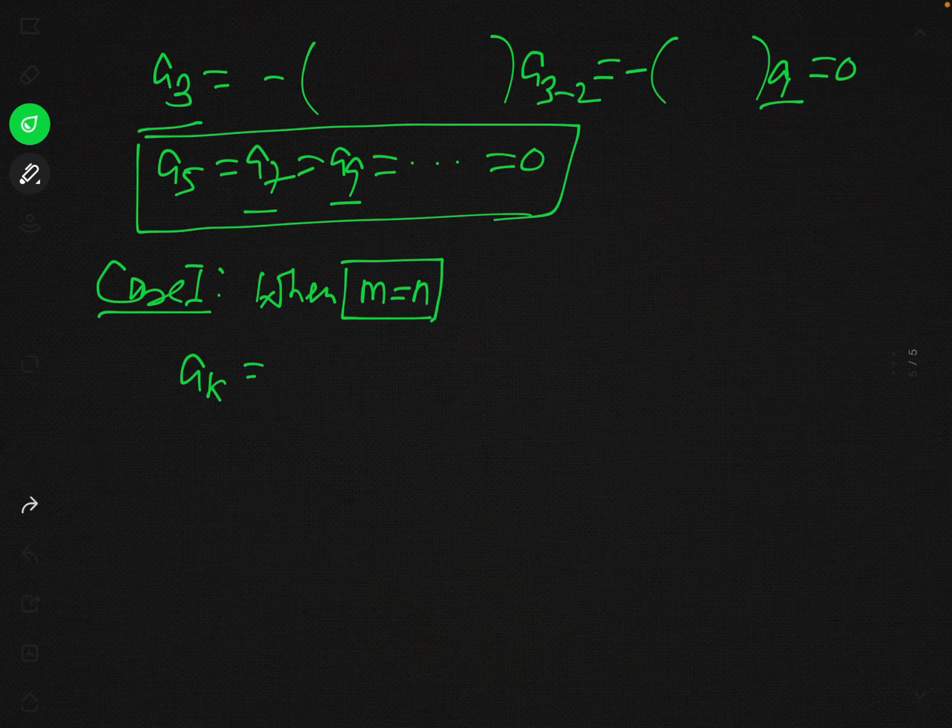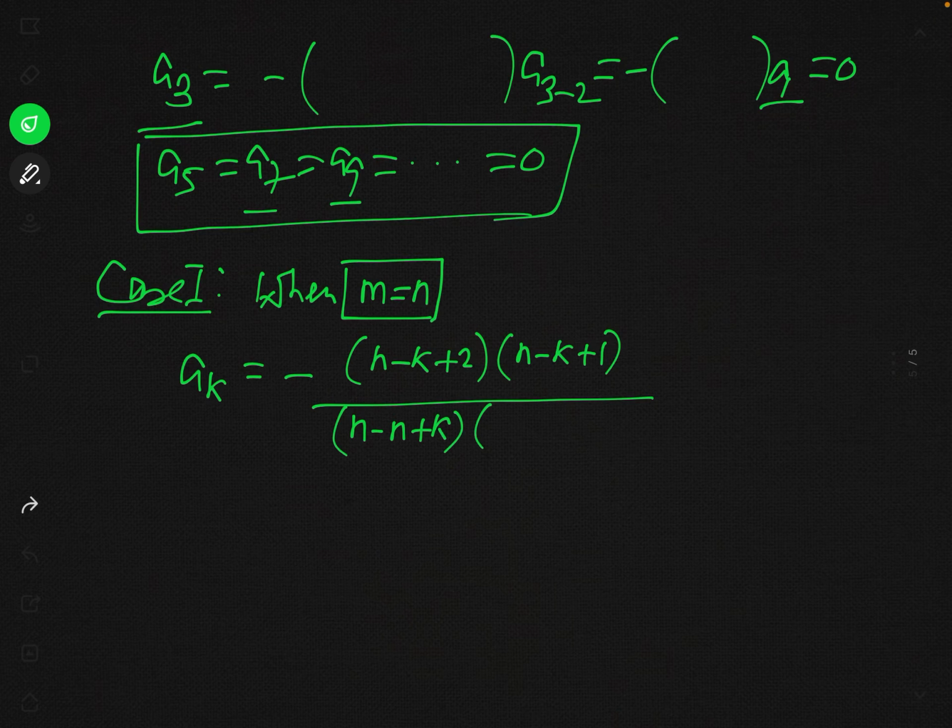So you can see what our result will be. ak is equal to minus, m minus k, but m is n, so this is n minus k plus 2, into m minus k, this will be n minus k plus 1, and divided by n minus m, so this will be n minus n, since m is equal to n, and plus k into n plus m, so this will be n plus n minus k plus 1, and a k minus 2.